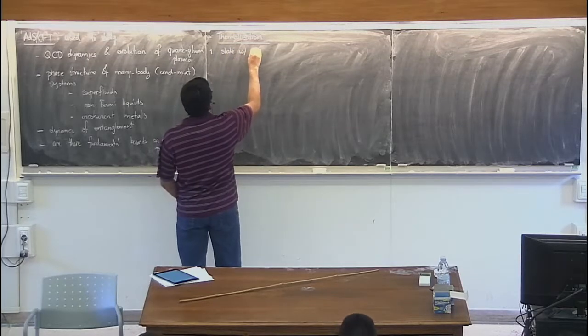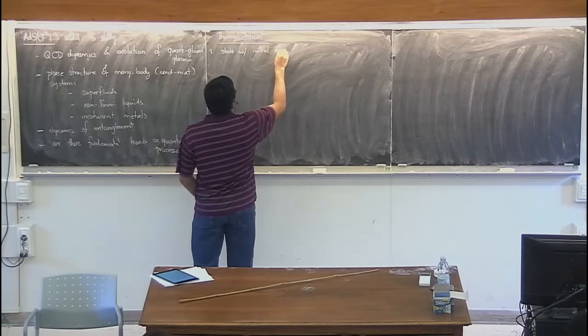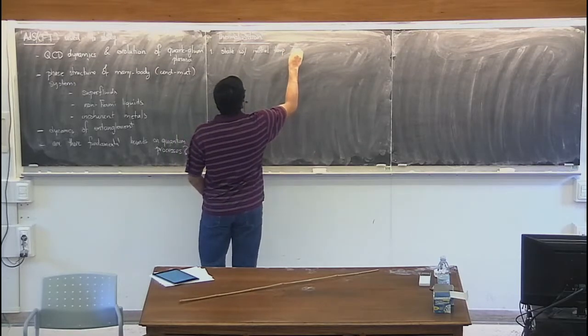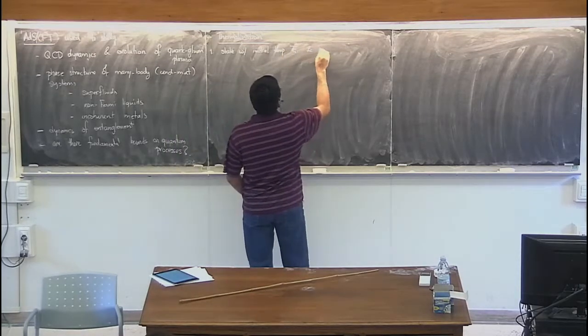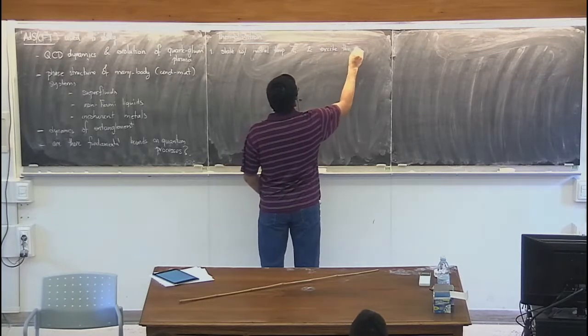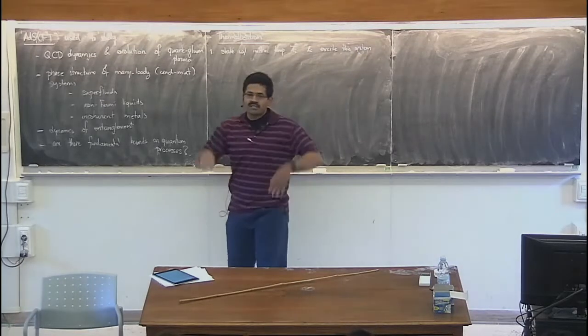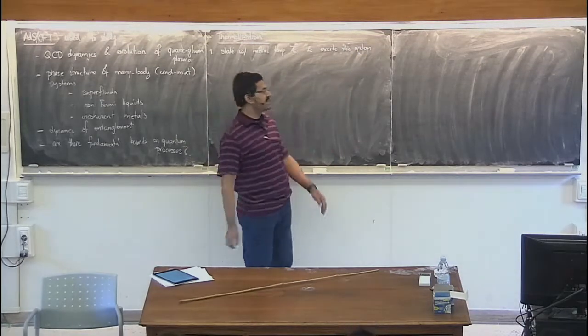Start with initial temperature T. And excite the system and watch it settle back down. Can you give me rates for settling back down?